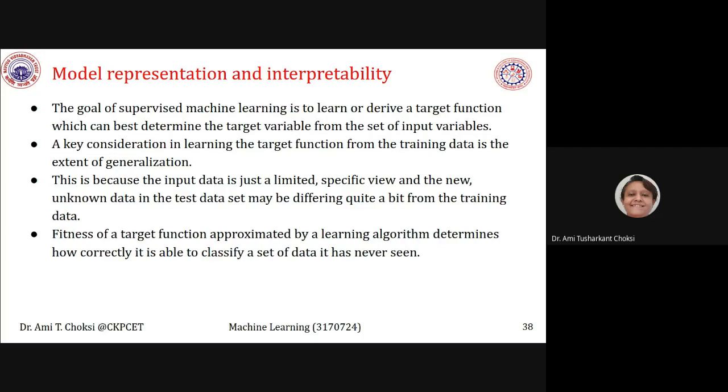This is because the input data is just a limited, specific view, and the new unknown data in the test data set may differ quite a bit from the training data. Fitness of a target function approximated by a learning algorithm determines how correctly it is able to classify a set of data it has never seen.